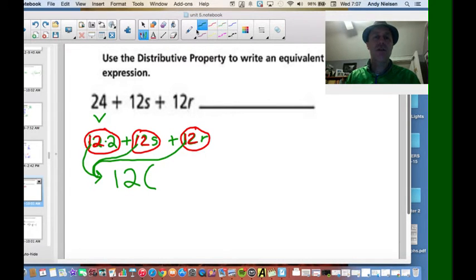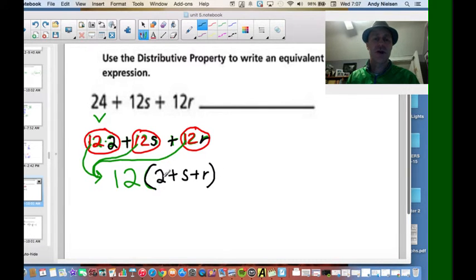So what's left is a 2 plus an S plus an R. Those are the only things that are left, and I'm going to rewrite them all down here in my parentheses. So the 2 comes down, the addition symbol, the S, the addition symbol, and the R. Okay, there we go. There you have it.